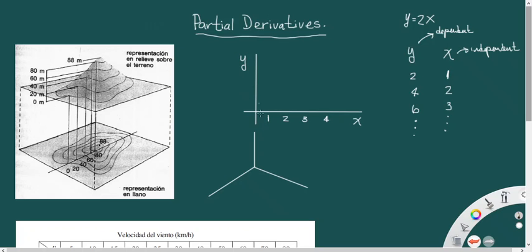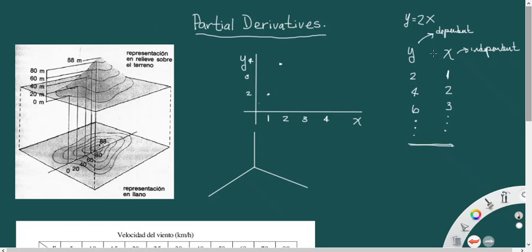You have this y here, y equals 2, then y equals 4, and so on, and then you draw a line to connect all those points. And this is a typical two-dimension space with a single variable, one dependent and one independent.